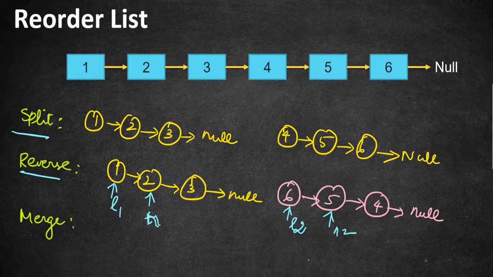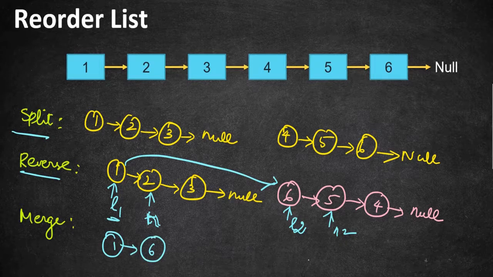Now these pointers are going to help us link each node from the lists. The first node is going to be 1 from L1. So now L1 dot next is going to connect with L2, because that is the second node in our linked list. So we are going to connect 6 here. Once it is done, we remove the connection between L1 and N1, because we have connected L1 and L2.